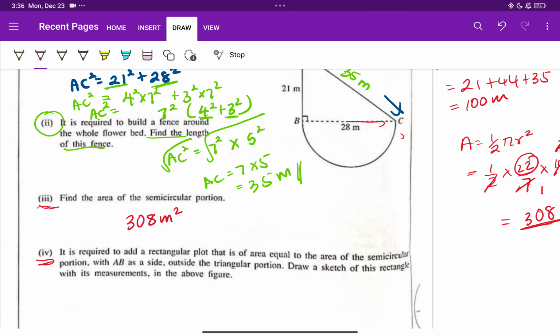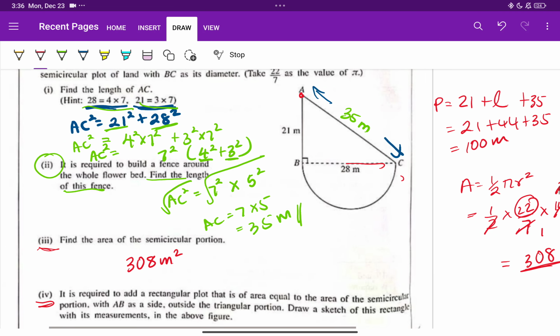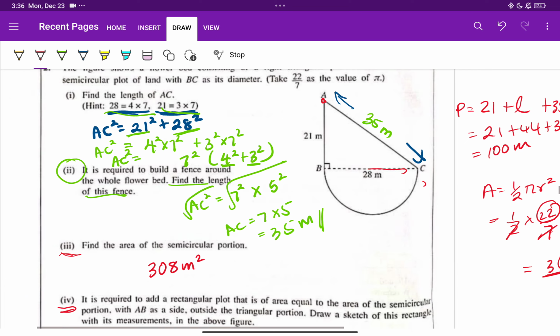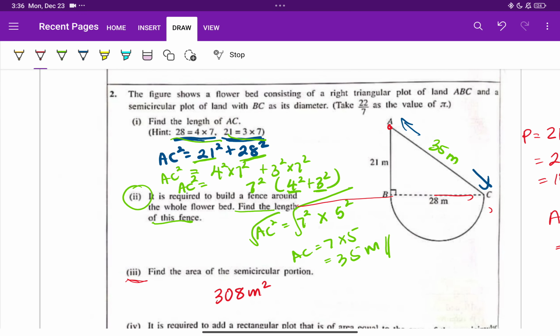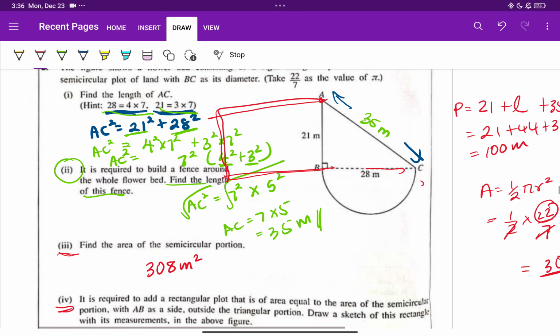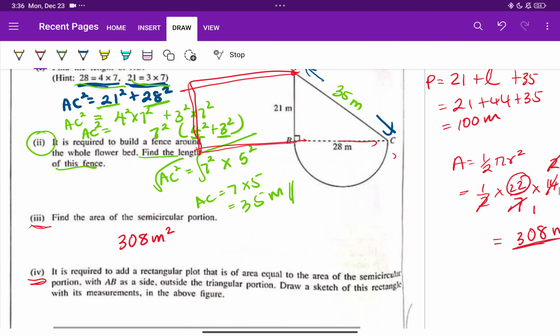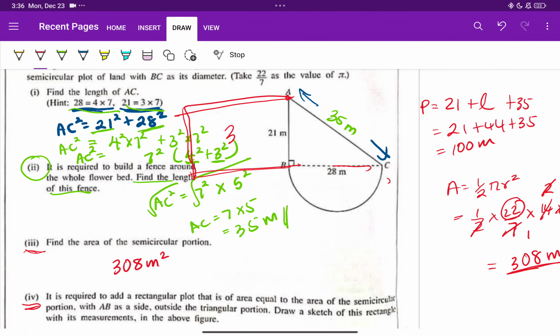Draw a sketch of this rectangle with its measurements. So outside the triangle we have to join a rectangle, right? So we can basically draw it this way. So this is a rectangle, right? And we know the area as well. The area should be 308.